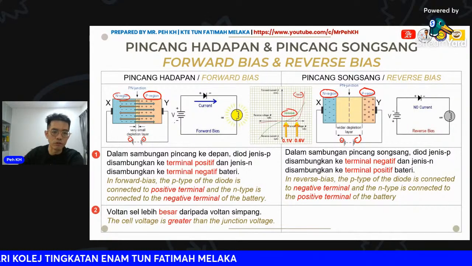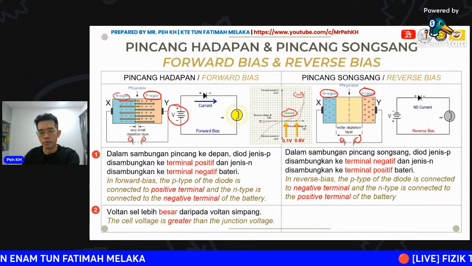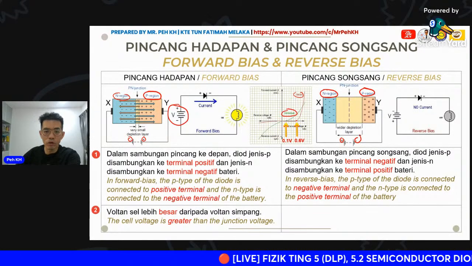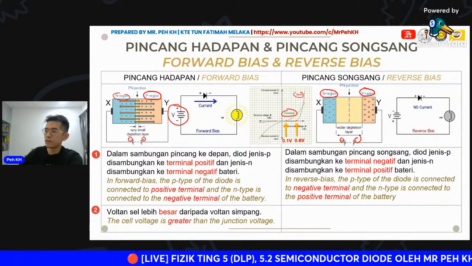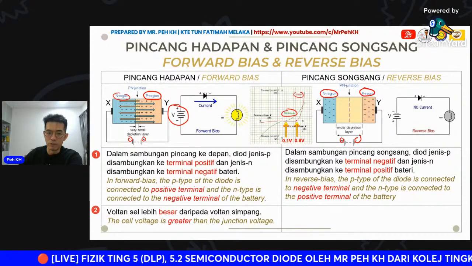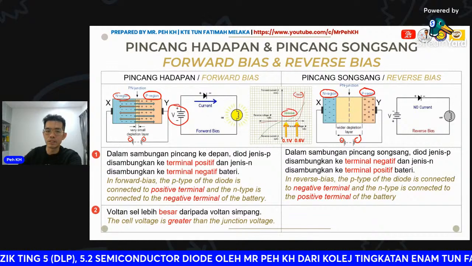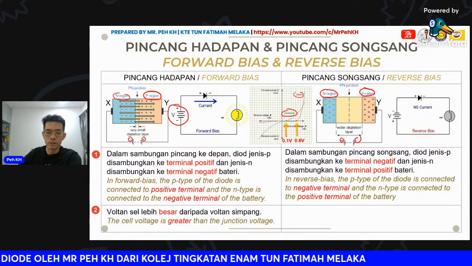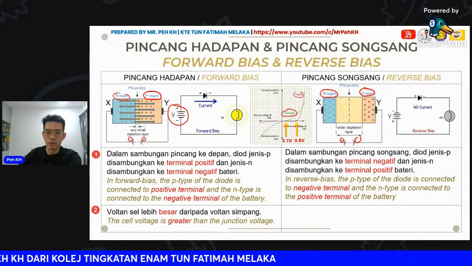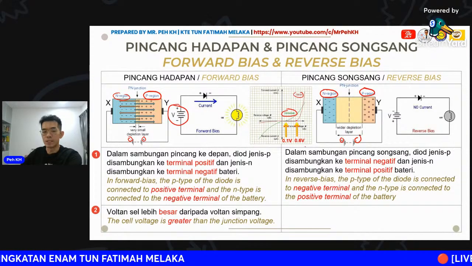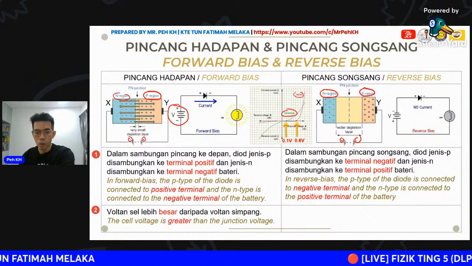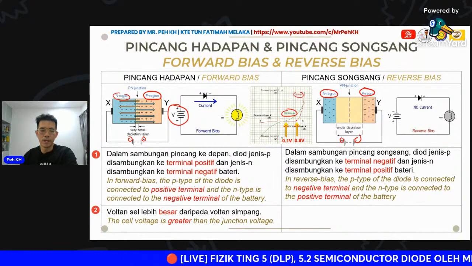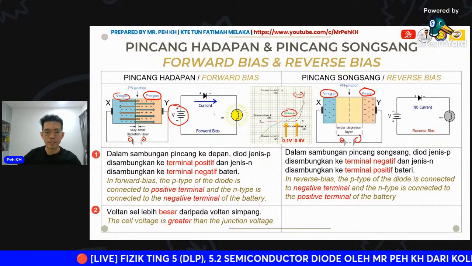The cell voltage refers to the voltage provided by the dry cell. So here it must be greater than 0.1 volt if the semiconductor we use is germanium. If silicon is used as the semiconductor material, the cell voltage must be greater than 0.6 volt to allow the carriers to cross the junction, and the current flow will cause the bulb to light up. And this will be known as a forward bias.